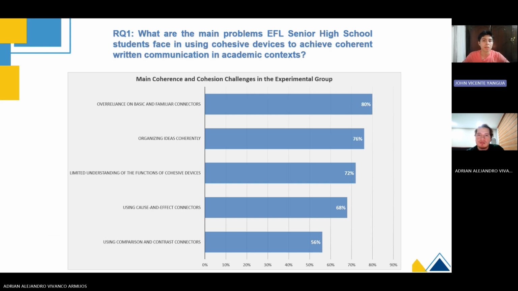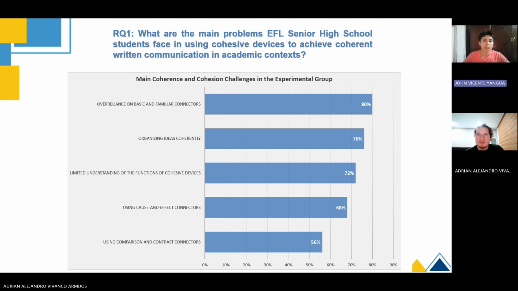Difficulties were also found in the use of cause and effect connectors, affecting 68% of the students, while 56% experienced problems using comparison and contrast connectors. These logical relationships require learners to analyze ideas more critically before expressing them in writing, which may explain why they represented a greater linguistic challenge.